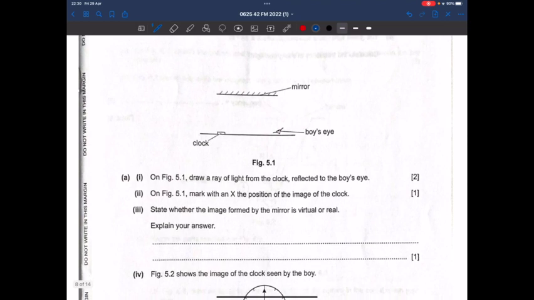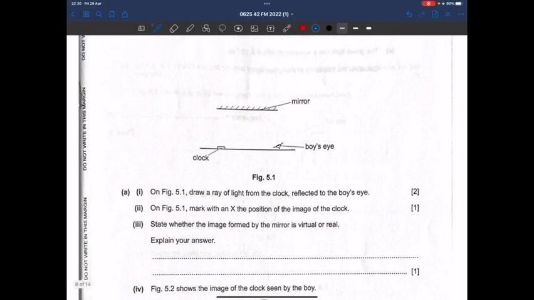On figure 5.1, draw a ray of light from the clock reflecting to the boy's eye. To be honest, to draw this, it will be a little difficult and take some time. If you use the protractor to measure the angle of incidence and make it exactly equal to the angle of reflection, it takes time. So the other idea that we explained during the course, you need to draw the image in its right place.